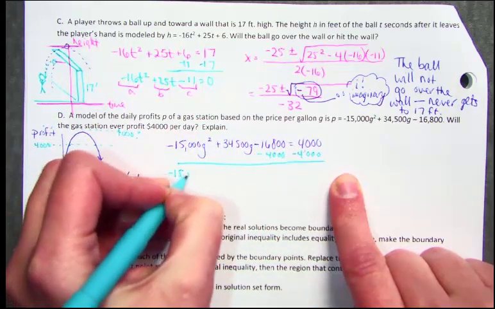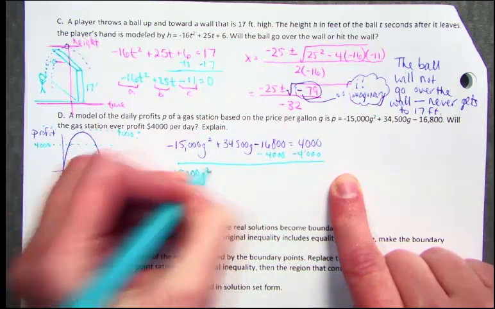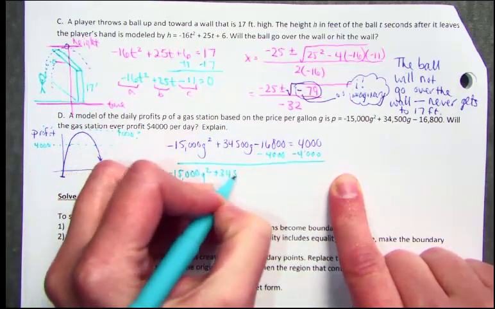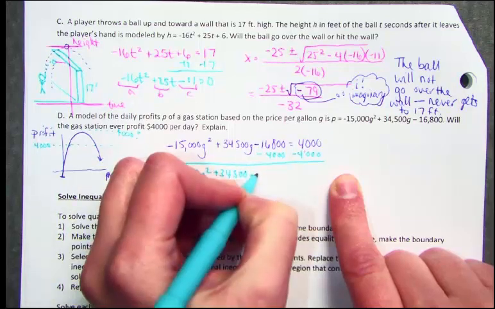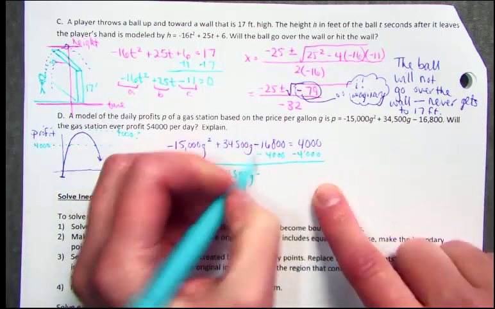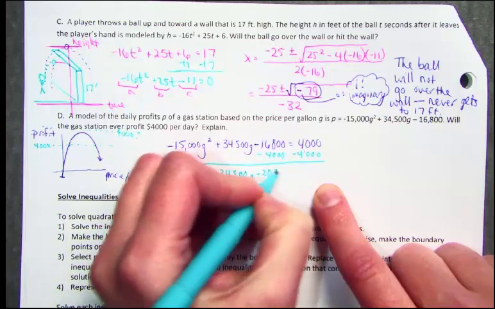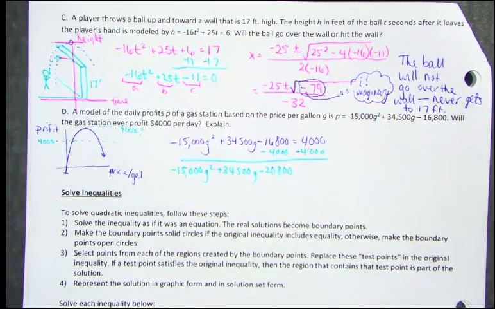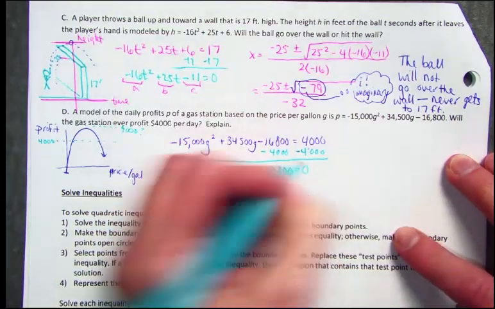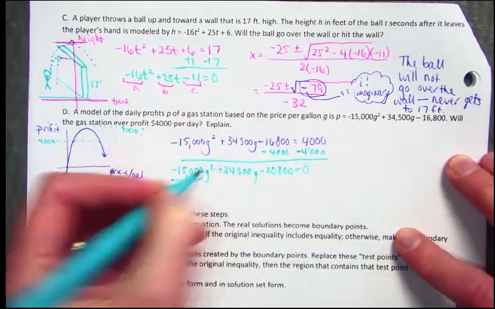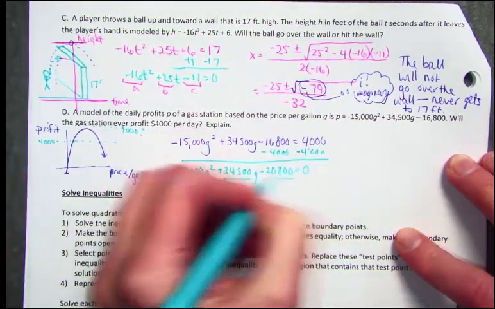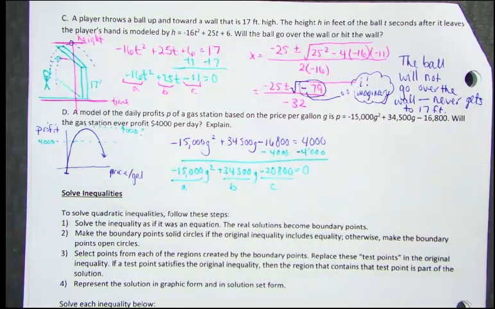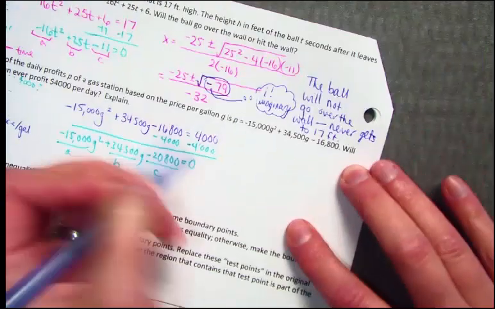It's our first step every time. Equals 0, I have an A value, a B value, and a C value. And we're going to go to our quadratic equation as we look at this.